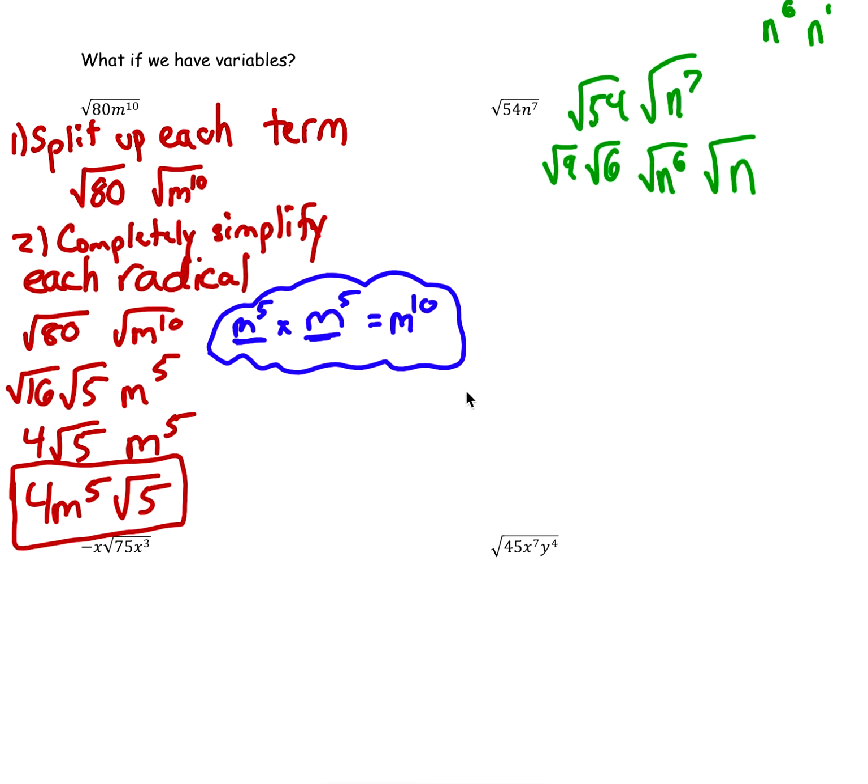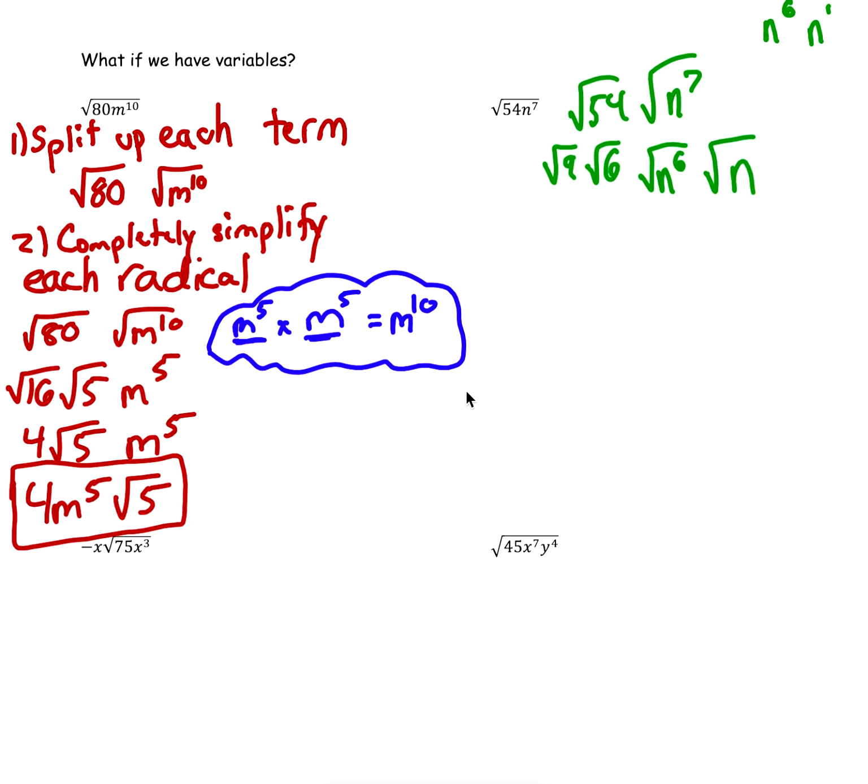A good rule of thumb is that if our exponent is odd, it's not a perfect square, so you take 7 minus 1, making an even exponent: n to the 6th times n to the 1st. And you're going to see what that allows us to do.